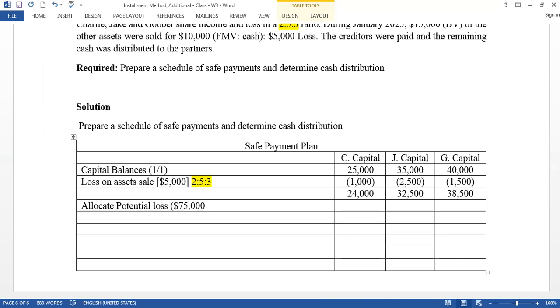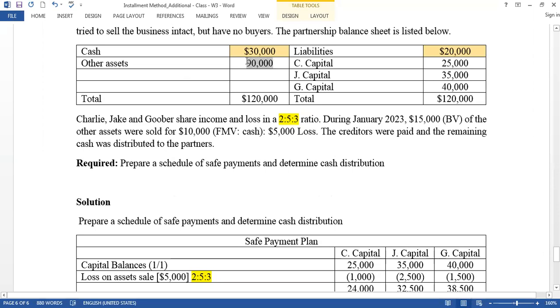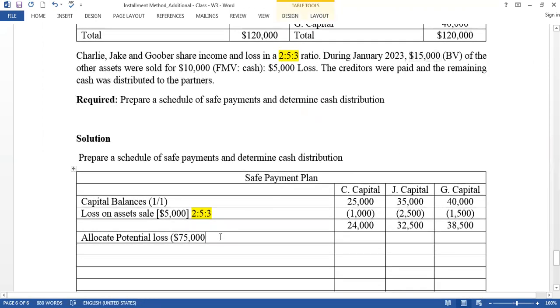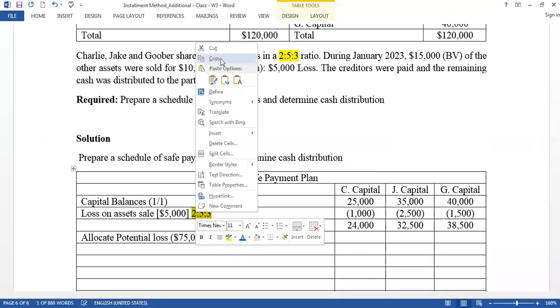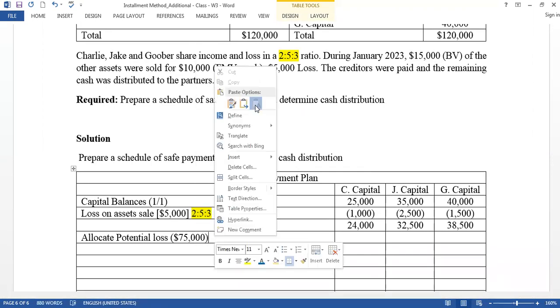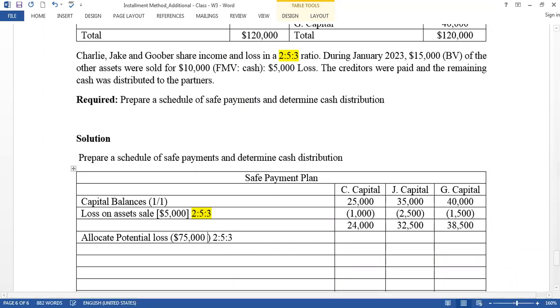Do you understand how $75,000 came? Total is $90,000, and we sell $15,000 from here, so we have remaining $75,000. So again, I can write here so that you can remember: $90,000 minus $15,000 equals $75,000.